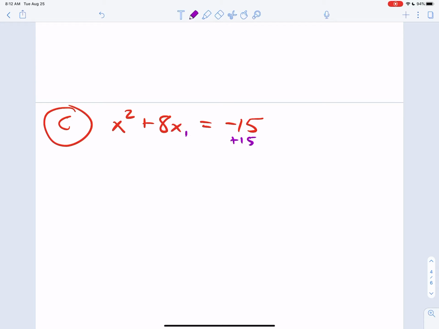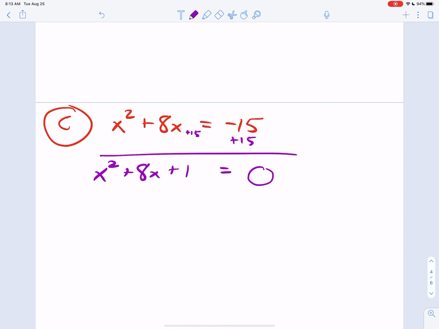Now, some people will do this and they'll confuse themselves, so just watch out for that. So I'll just put it right here, just so that I know it's not going to go with anything else. The right-hand side will now be 0, and I'll have x squared plus 8x plus 15. So not difficult.